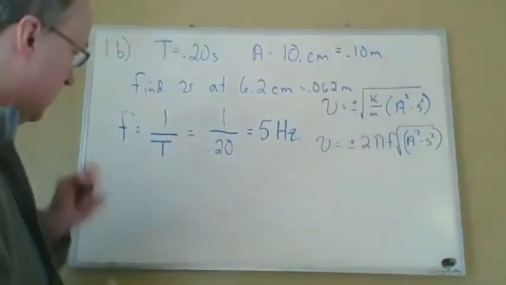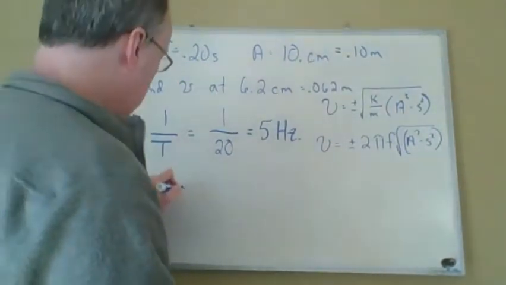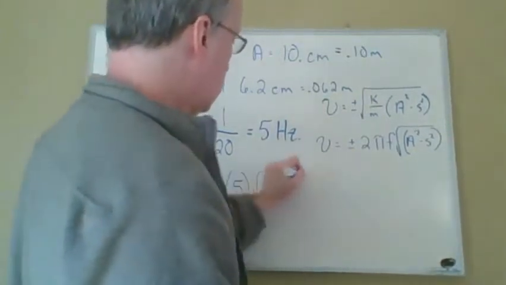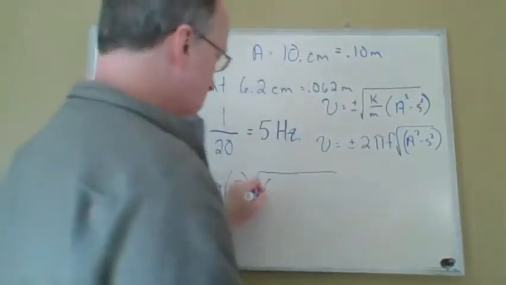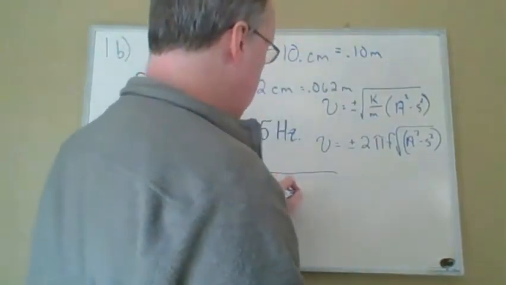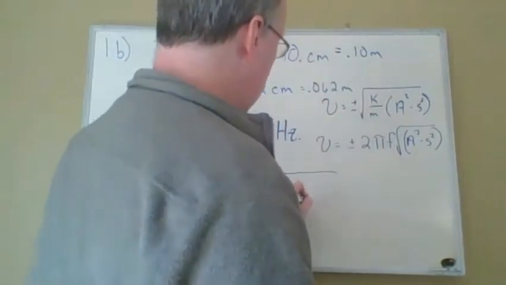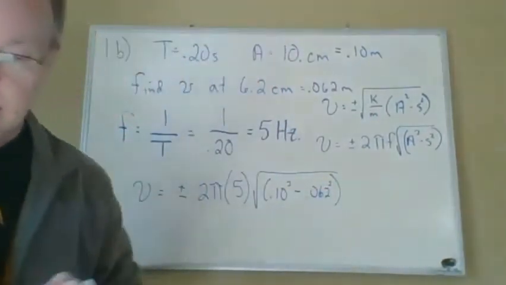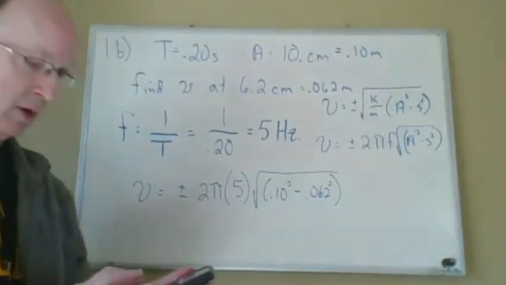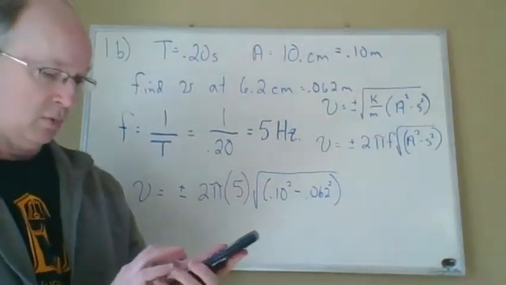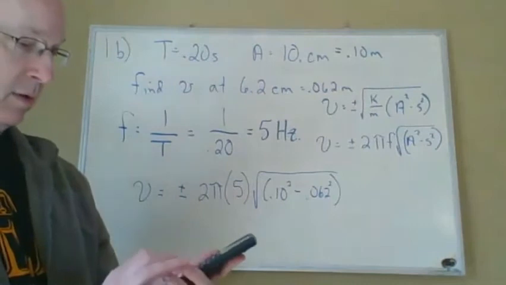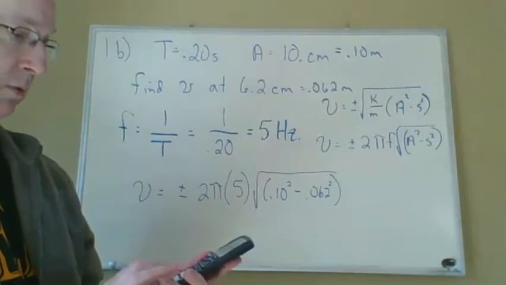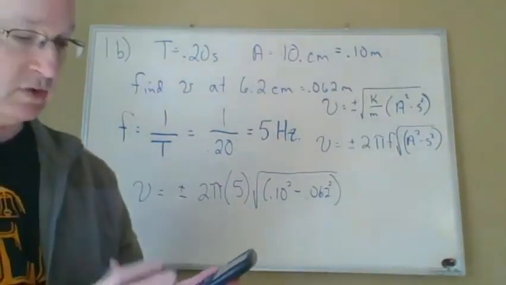So let's do that. V equals plus or minus 2 pi times 5 times the square root of a squared, 0.10 squared, minus s squared, 0.062 squared. And when we do that math, I'll go ahead and do it right here. You can do it yourself. 0.1 squared minus 0.062 squared equals, I get 0.006156.